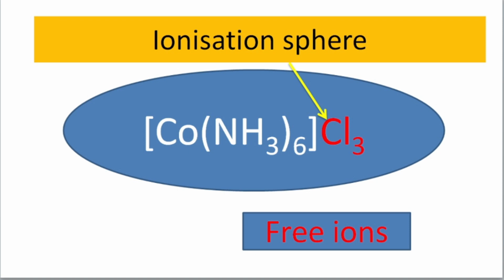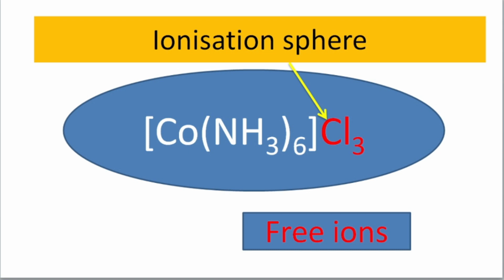See the next term, ionization sphere. Apart from this coordination sphere, if any ions are there, not necessarily always negative ions, positive ions are also possible, those ions remain free. If we put that salt or compound in water, then the outer portion ions are ionizable because those are not bonded by means of a strong coordinate bond which has more covalent characteristics.